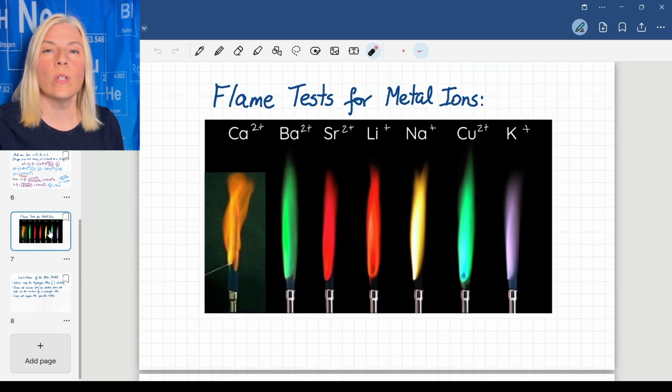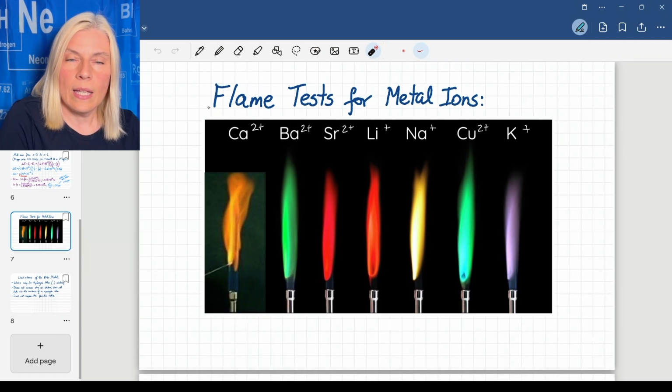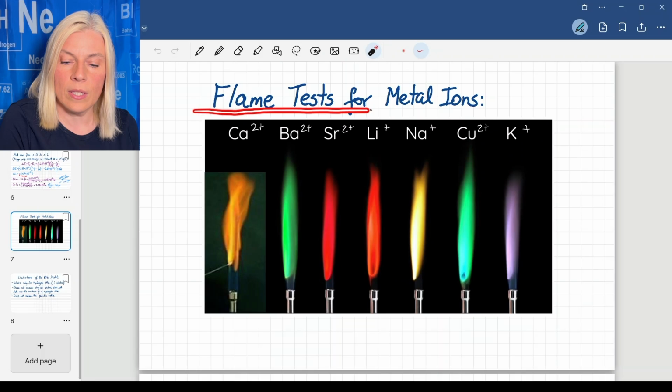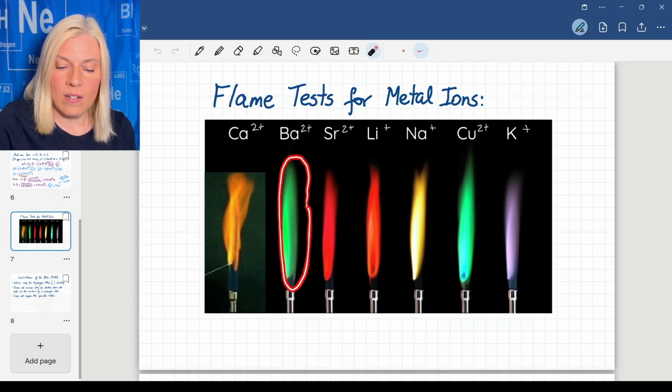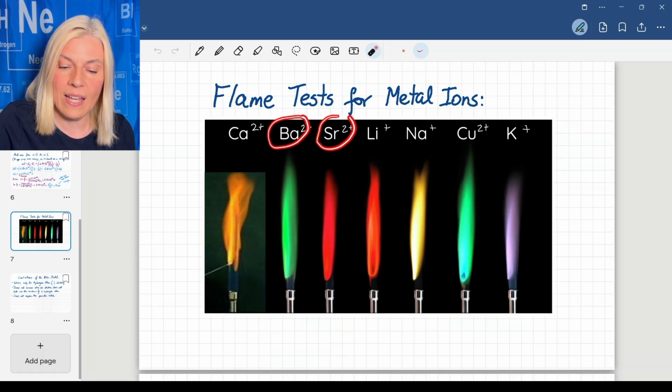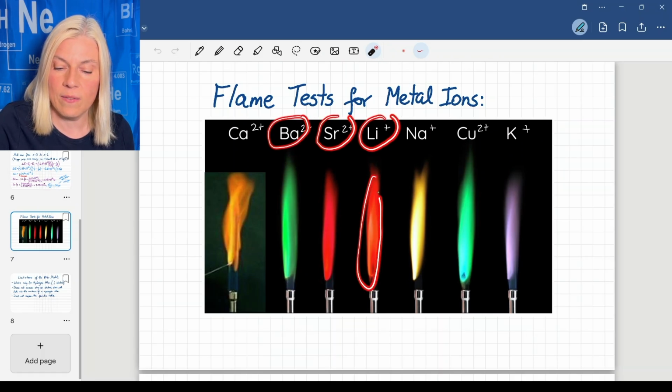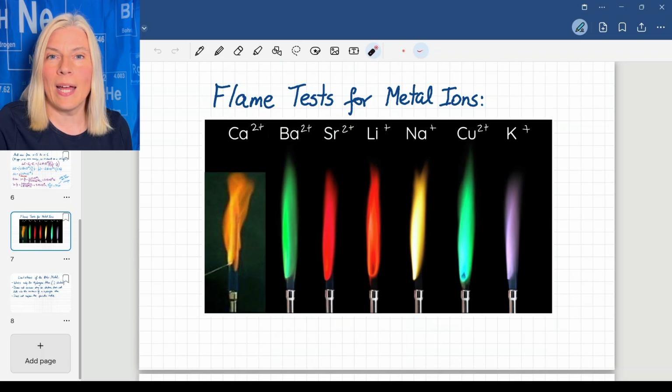Now, this is really cool, because this helps us also explain some flame tests for metal ions. Maybe you did a lab like this in your school. Based on the specific color of a flame, you can figure out what metal ion gives off the specific flame color. Now, why?